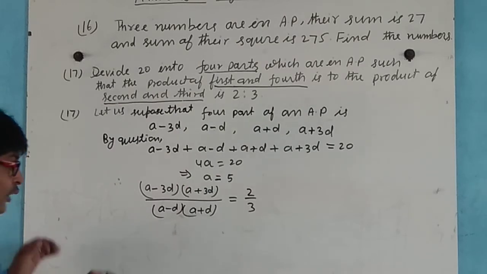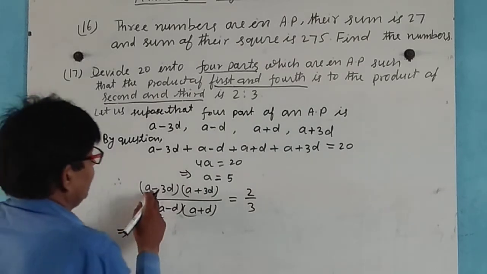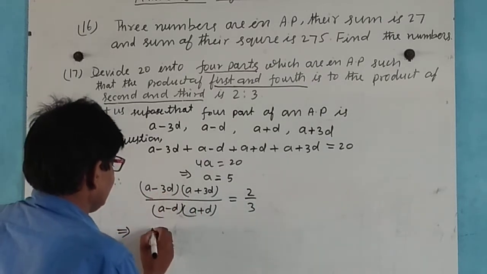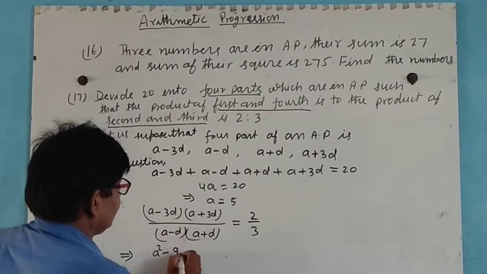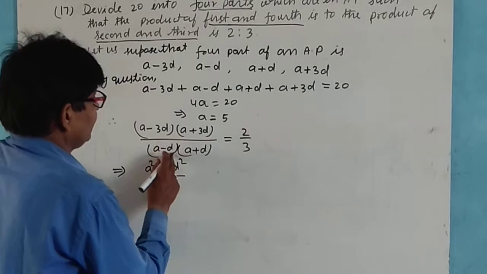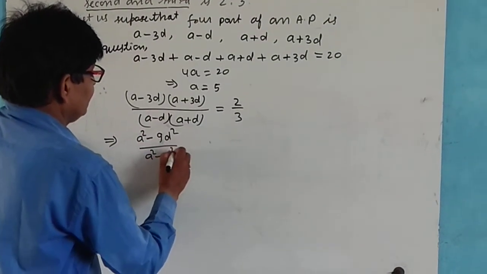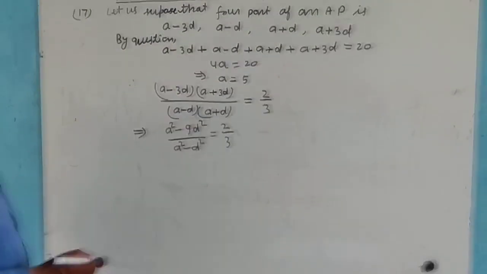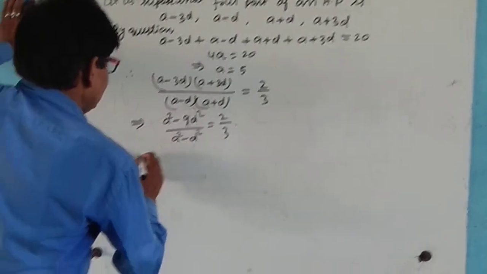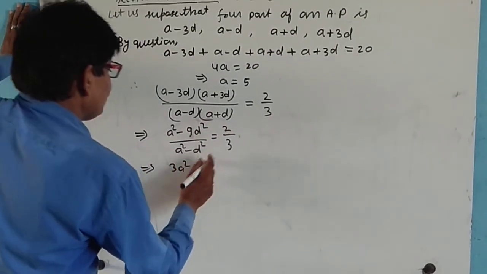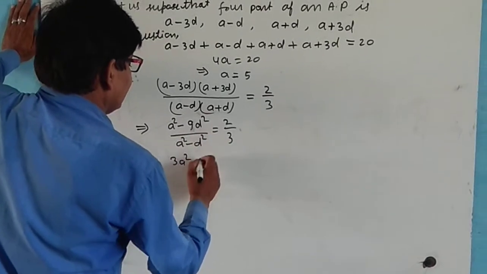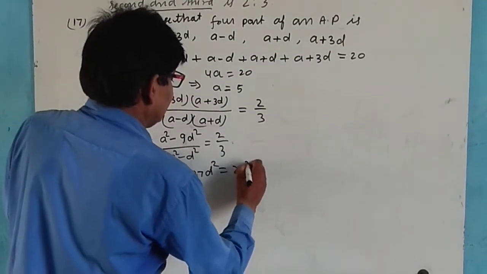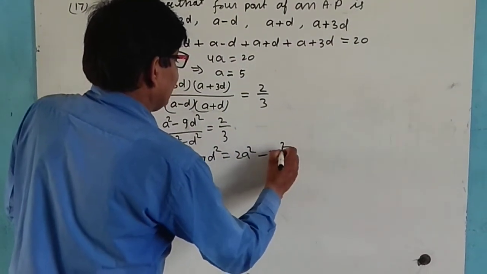This is the algebraic part: x minus y and x plus y gives x square minus y square. This comes A square minus 9D square, and this is also A square minus D square, equal to 2/3. By cross multiplication, 3A square minus 27D square equal to 2A square minus 2D square.